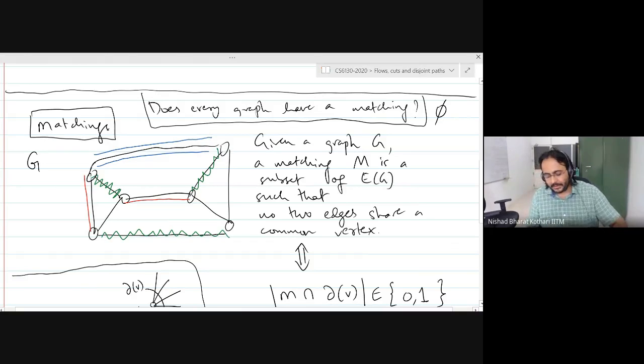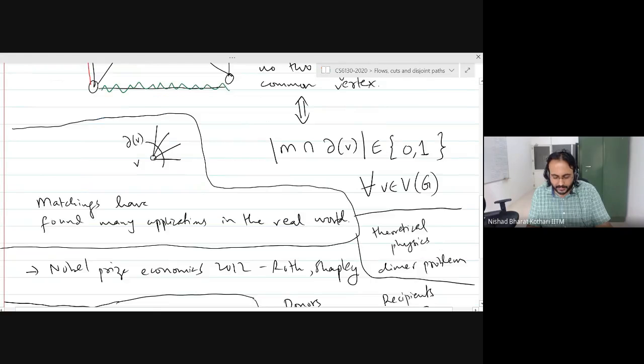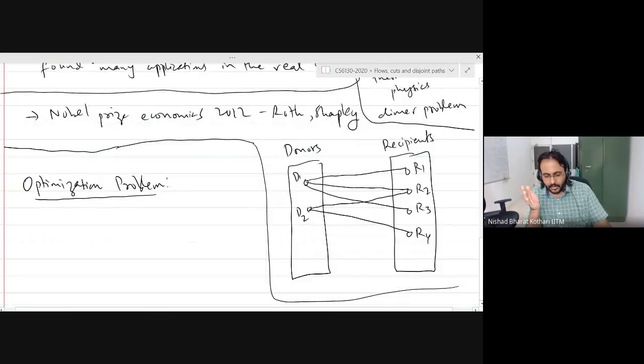So finding a matching is not difficult. Every graph has a matching, so that's not interesting. What is interesting is, if you go back to the donor recipient problem, you want the maximum number of organ donations. That corresponds to a matching of maximum size. The number of edges is the size of the matching.